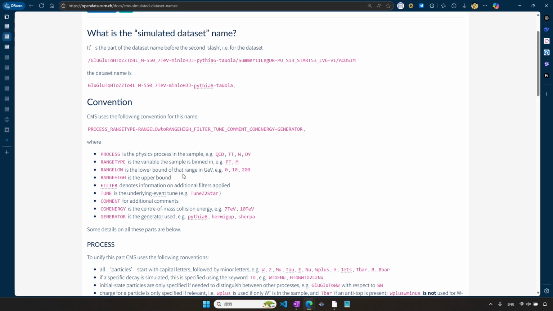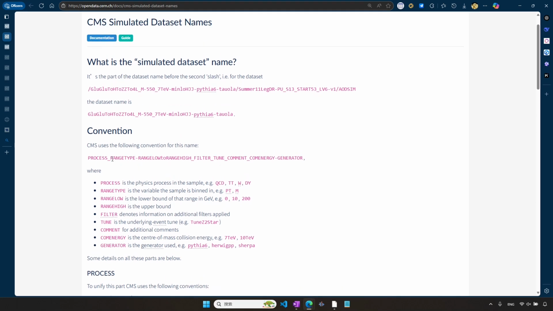Range low, range high means the energy range, and the unit is GeV. The name part of the convention uses a short bar to add some additional description, like a range type.